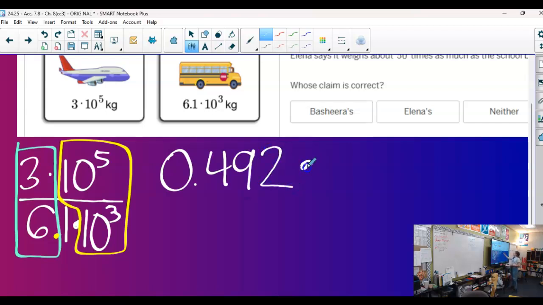And then, to figure out what this would be, anybody have any ideas how to divide the powers of ten?